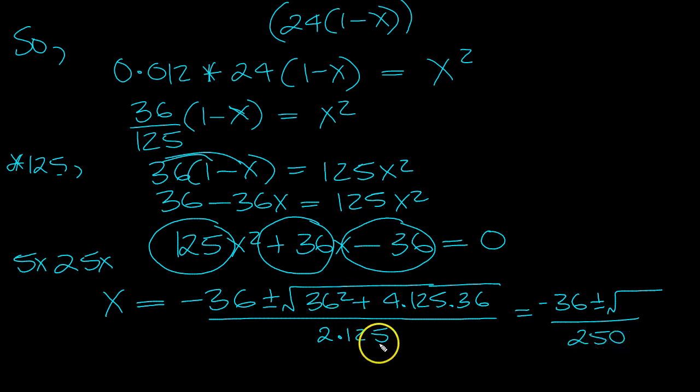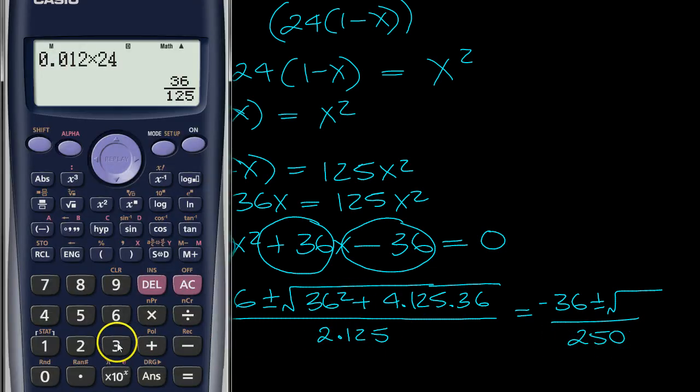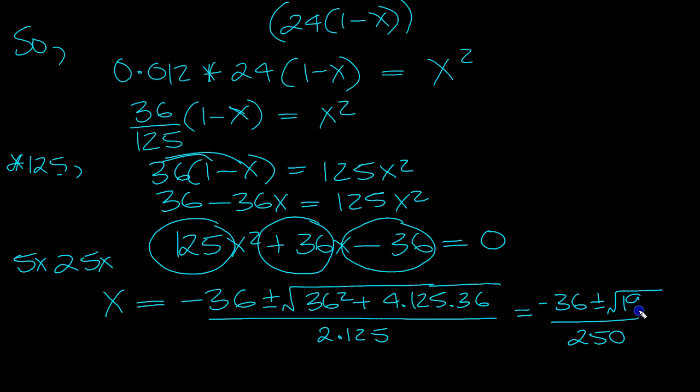So let's work out this little sub problem then. 36 squared plus 4 times 125 times 36. 19296. Okay, so that's equal to then, and we get the two values.